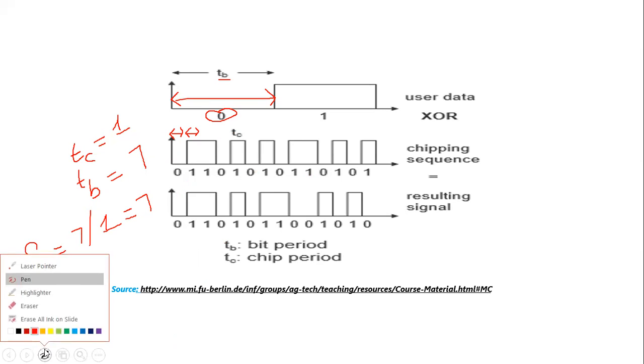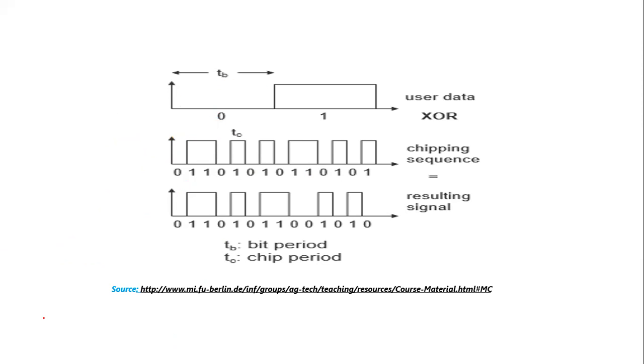Let us try to understand how this logic works. This is the user data, 0 and 1, that we want to transmit, and this is the chip sequence, 0, 1, 1, 0, 1, 0, 1. What you do is this 0 will be XORed with the chipping sequence. The user data 0 means all zeros, which is XORed with this chipping sequence.